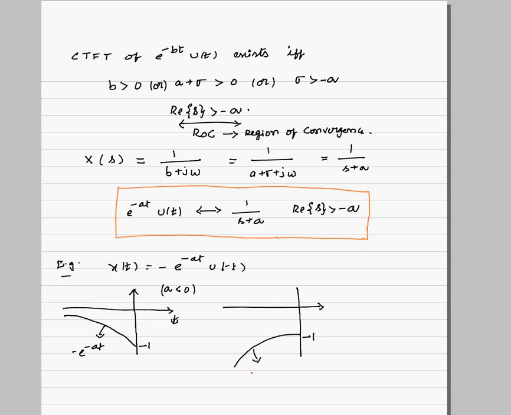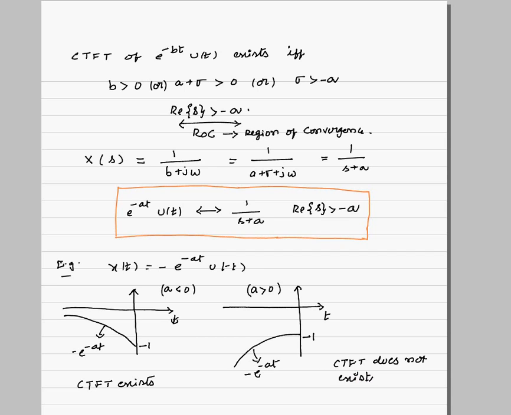So equation of this curve will again be minus e power minus at, but this is the case when a is greater than 0. Clearly for this CTFT exists because it's absolutely integrable, but for this CTFT does not exist.